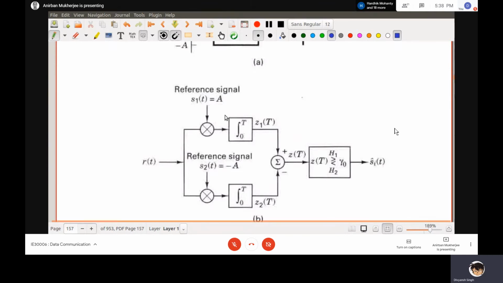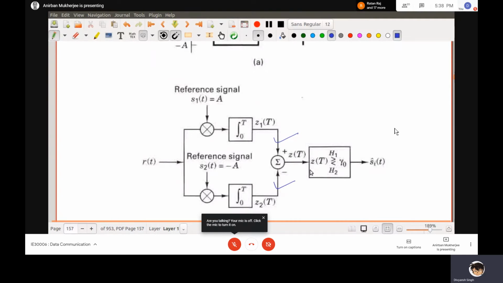Here, instead of doing that, I take the reference signal as S1(t) equal to A and S2(t) equal to minus A, and I do a correlation at both. Sometimes I am sending S1, sometimes S2. When S1 is sent, this one will be higher. When S2 is sent, this one will be higher. And finally I am adding it up.